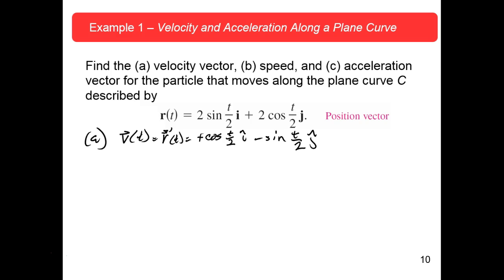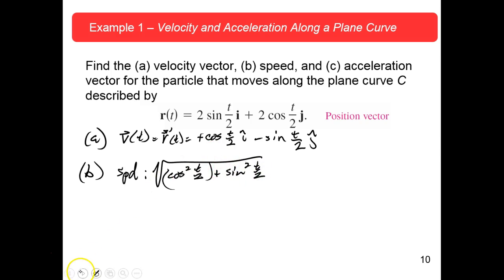Okay. The B part, what's the speed? The square root of, remember speed is the square root of these components. What would that be? Cosine squared t over 2 plus sine squared t over 2.